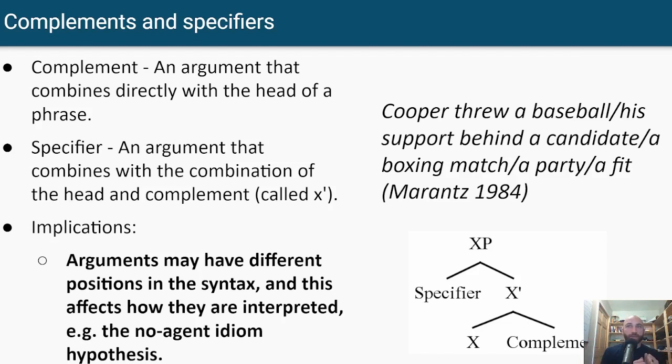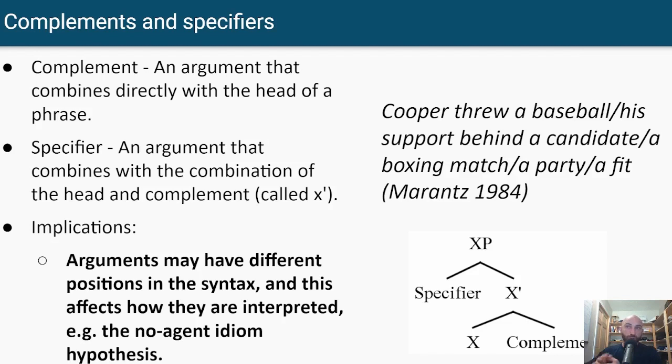If we have, let's just say, a verb, its complement is going to be its direct object. The sentence we have here is Cooper threw a baseball. So threw is the verb. A baseball would be the complement. Now, those two things combine first, right? And there are reasons why people have said this.